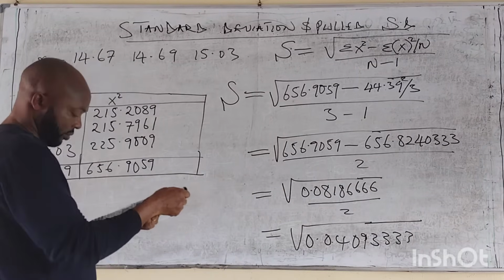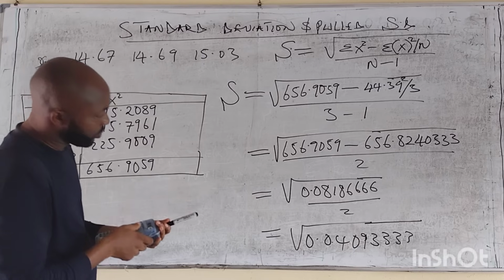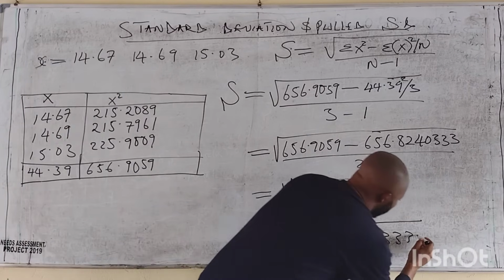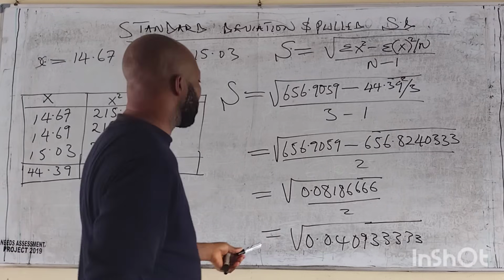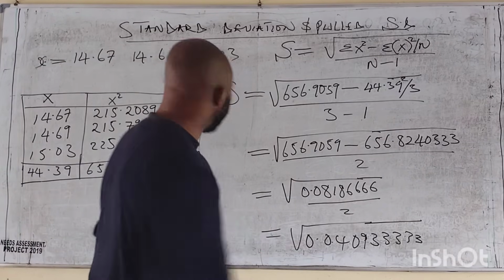Now, 1, 2, 3, 4, 5. That is what we have, and now we look for the root of it to get our final answer.